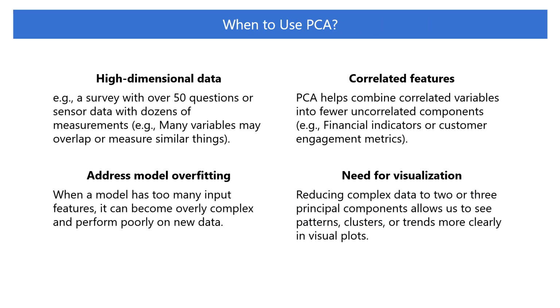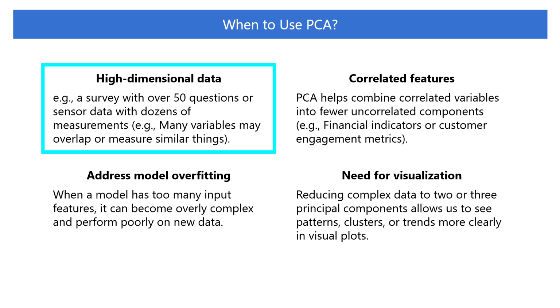Now, let's look at when to use principal component analysis in general analytics applications. Here, we outline 4 common situations where PCA is particularly helpful. First is when we have high-dimensional data.